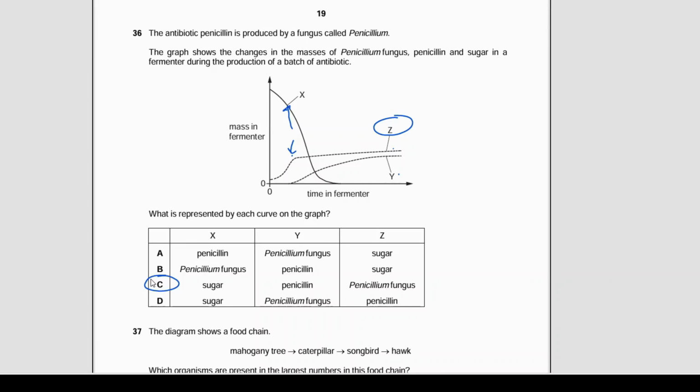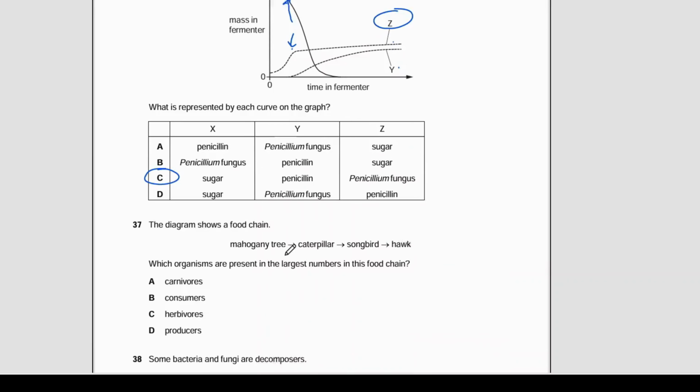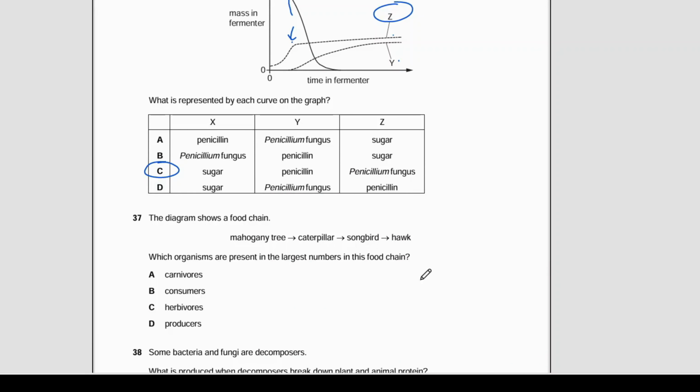The diagram shows a food chain. There are four: producer, primary consumer, secondary consumer, and tertiary consumer. Which organisms are present in the largest number in the food chain? Tree is not the largest one, right? So what about the other three? Hawk are also not in large number.